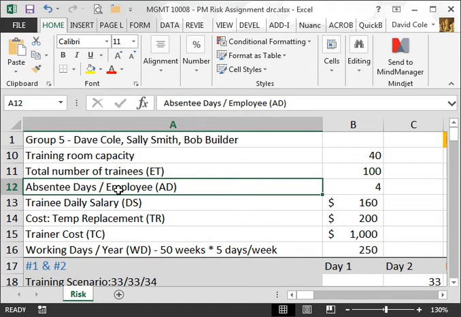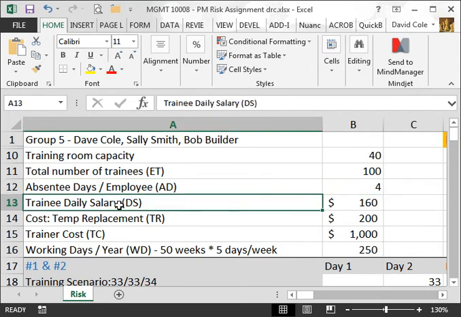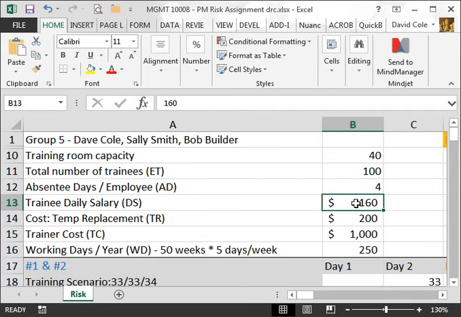We're also going to deal with the absentee days per employee, AD, and we've set that at this point to 4. The next value we're going to have is the trainee daily salaries, the DS, and we've set that to 160. Again, that's the salary we pay the employees that are actually coming to do the training.